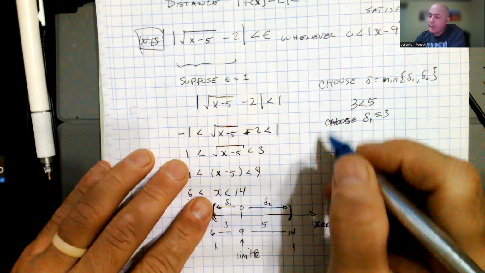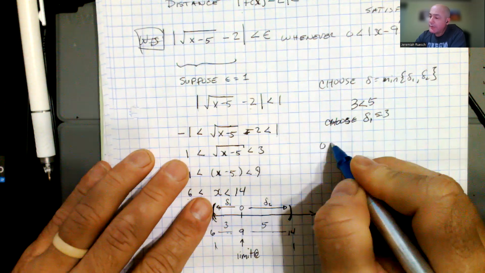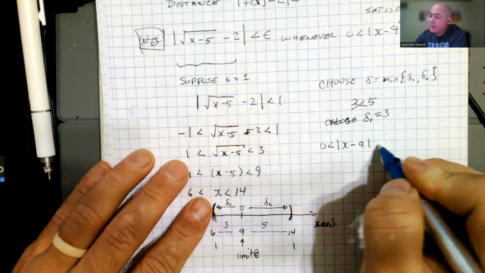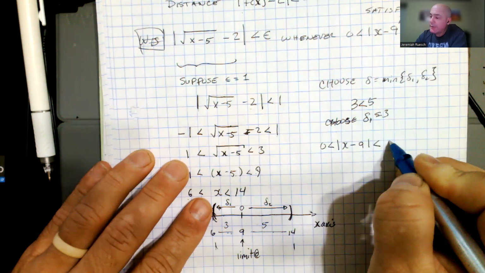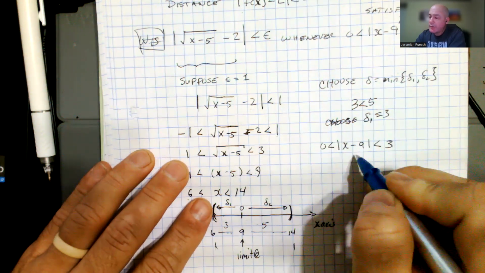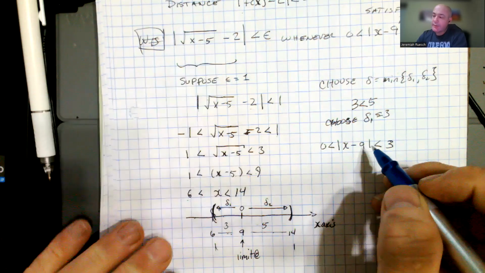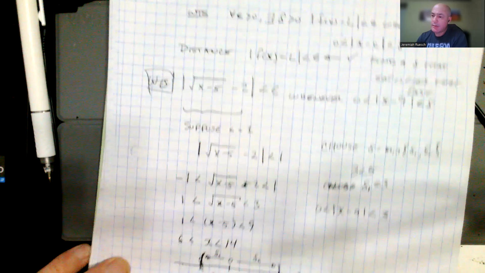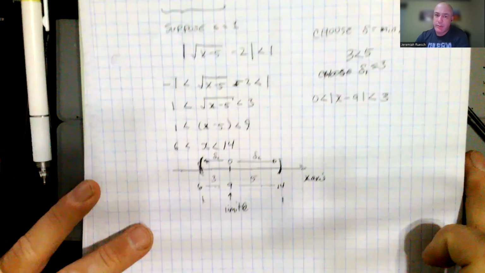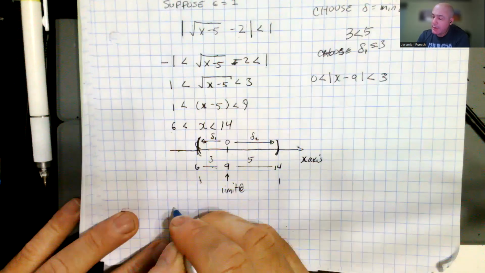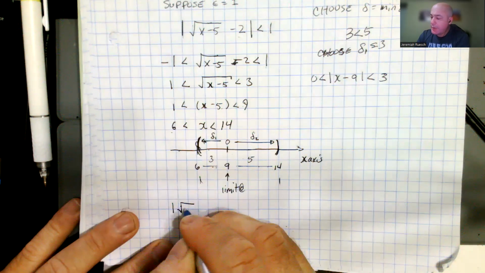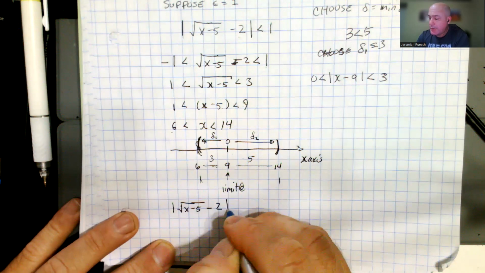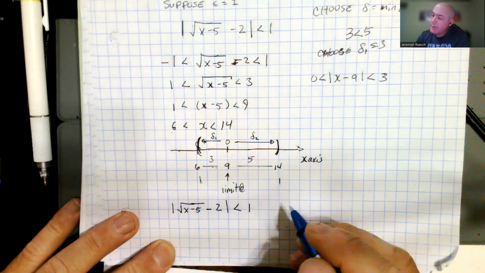And so what this says is then that 0 is going to be less than the value of x minus 9 whenever delta is less than 3. If that's true, then the limit will exist. So finally, then we can write that the square root of x minus 5, minus 2, is less than 1.